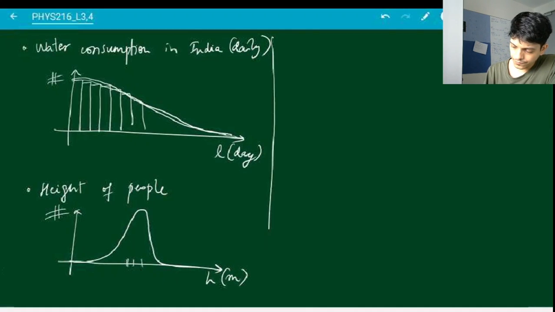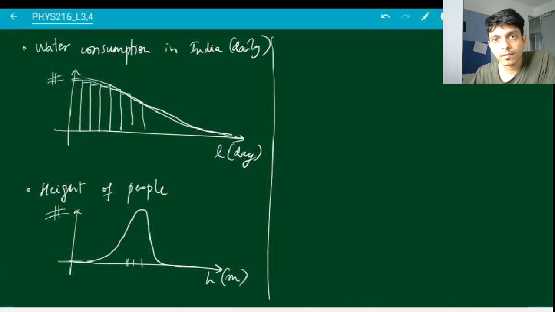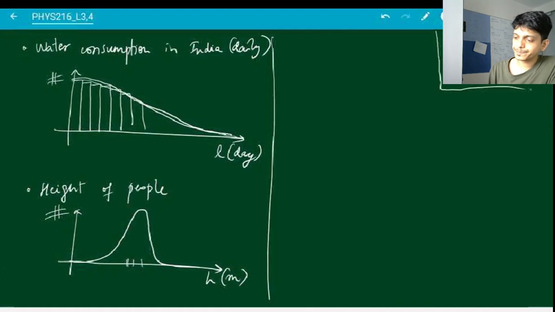Then what about a time distribution? The time of people going to a restaurant.